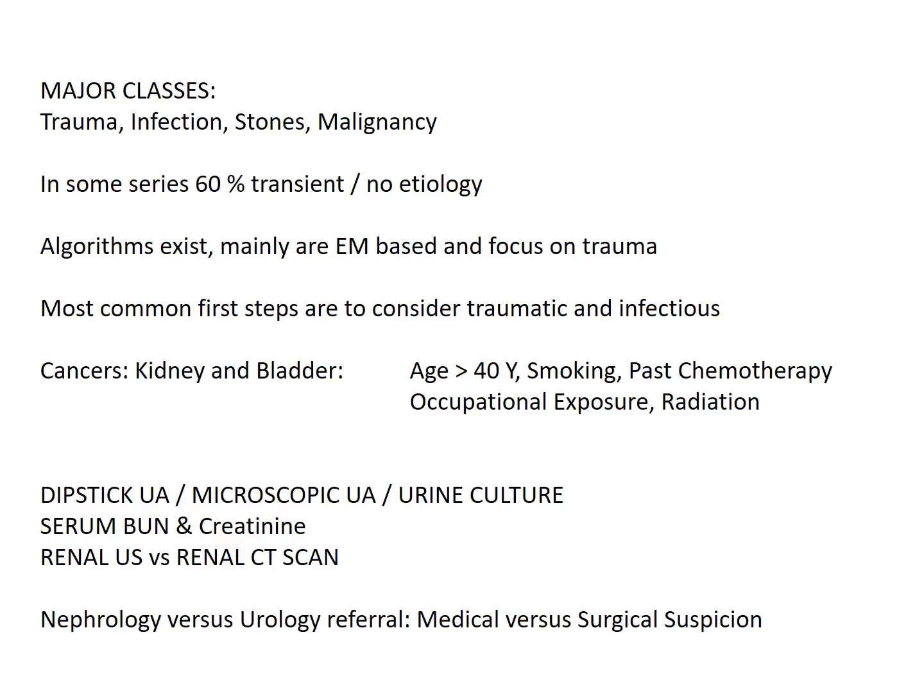And then who should you be worried about with respect to kidney and bladder cancer? Age over 40, particularly males, long-term smoking, past chemotherapy, occupational exposures to things that are known to be carcinogens, particularly a lot of those industrial dyes and hydrocarbons, radiation exposure.